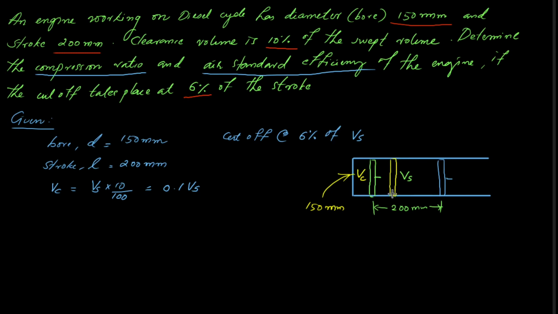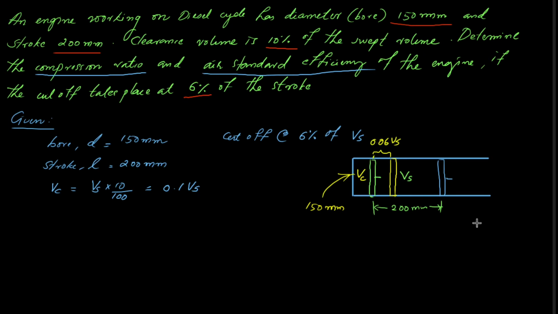So this is the point where the cutoff happens. Cutoff at 6% of the swept volume, that is, this volume is 6% of swept volume, that is 0.06 Vs.